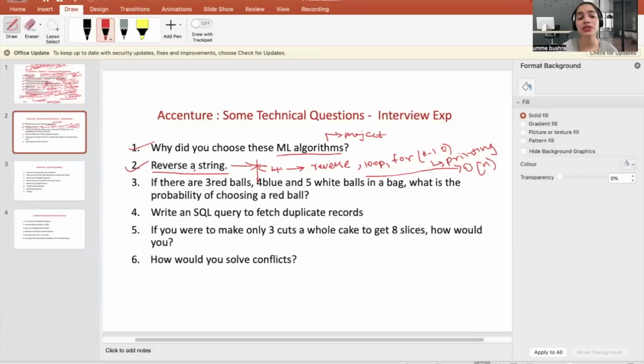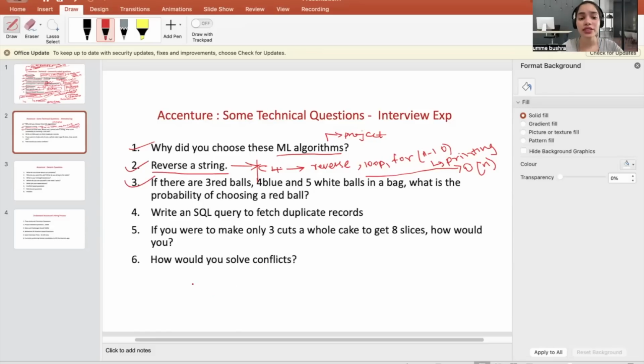So get well versed with these really basic coding questions. Start with a brute force approach and then tell them what other approaches you can think of. This is how the approach should be when you are covering any technical question which asks you for code or pseudocode.